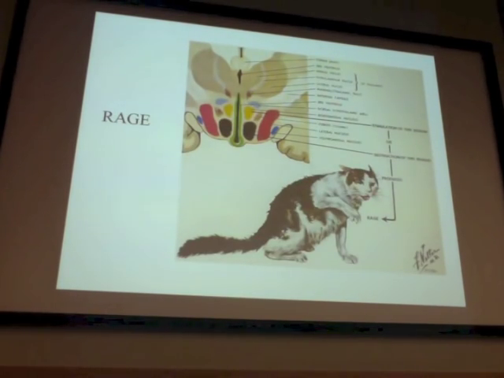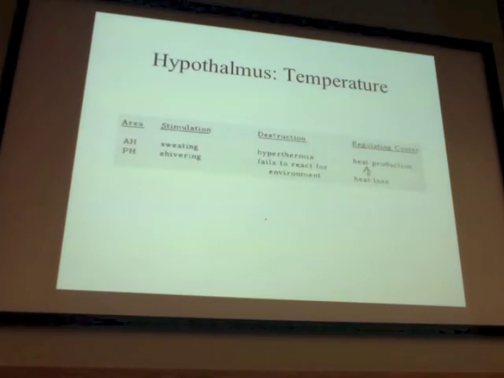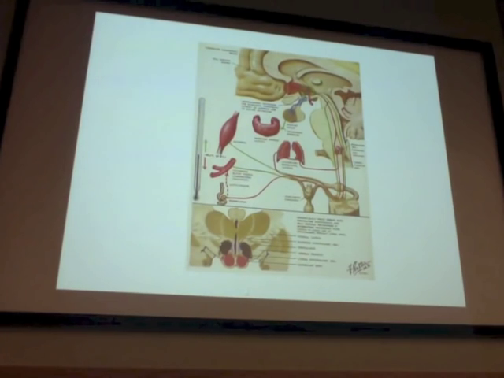These same two nuclei are involved in the rage reflex. And so if you destroy the medial hypothalamus, you'll create a very angry and ugly cat. The hypothalamus also regulates temperature. The anterior hypothalamus is connected to the autonomic nervous system and creates sweating, while the posterior hypothalamus will make you shiver to increase temperature. And so the temperature regulation again starts in the hypothalamus.